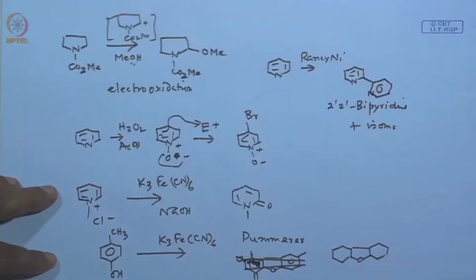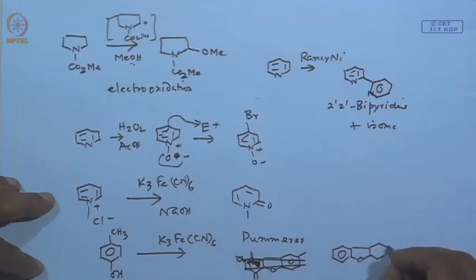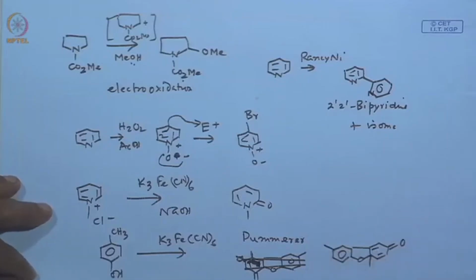Something like this is formed. Maybe I have a little difficulty. One of the rings is aromatic, I know. The other is probably... Oh, okay, right. Now I got it. This. So this is called Pummerer ketone.